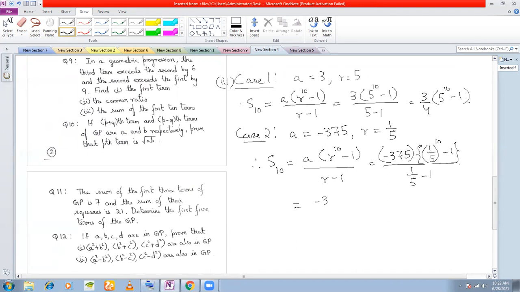So you get minus 375 into, if you take the LCM here, (1 minus 5 to the power of 10) divided by 5 to the power of 10, and here you will get minus 4/5, right? Now you can calculate from here, whatever it is. Fine. So this completes your third part.